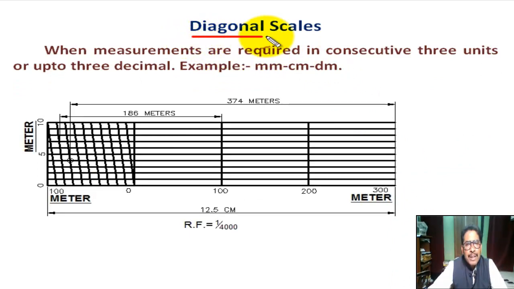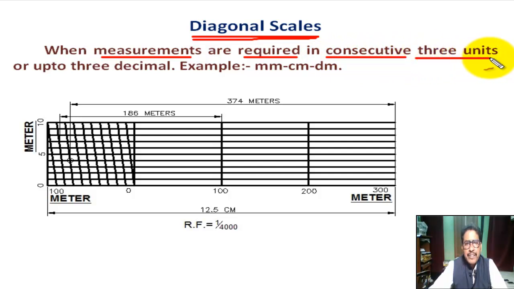Now, what is diagonal scale? When measurements are required in consecutive 3 units or up to 3 decimal.